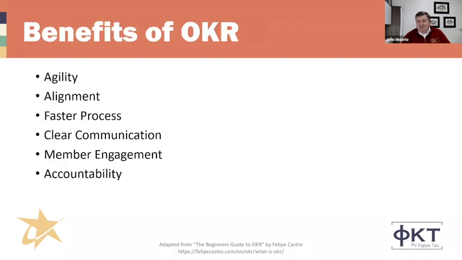There are some key benefits to OKR. It's agile. You can revise this quickly and easily, and you don't have to spend a whole lot of time in a strategic planning process. It also allows you to align all of your different activities under the objectives of your organization. It's a quick process.